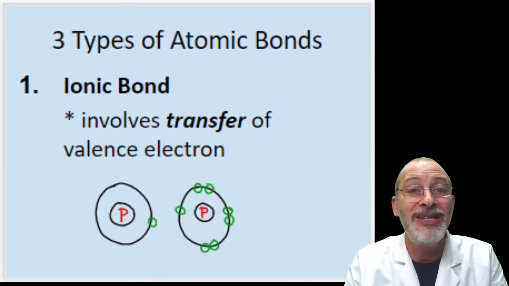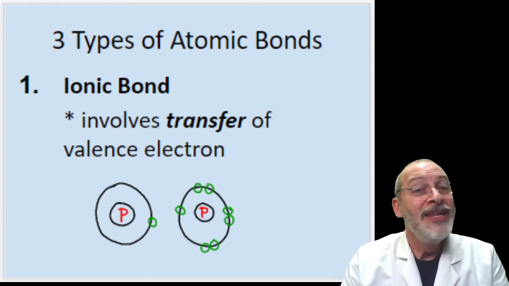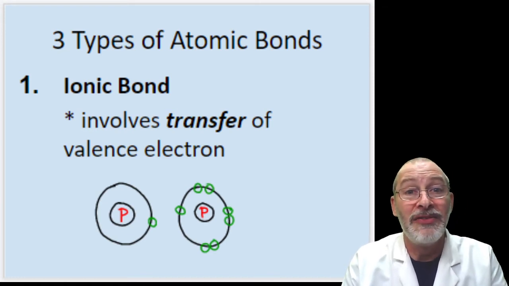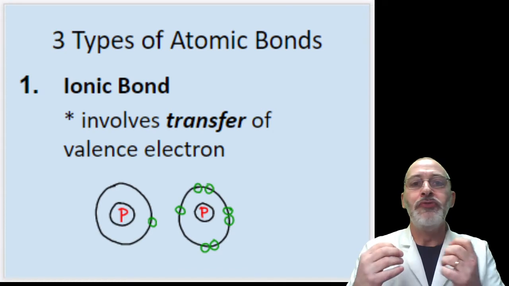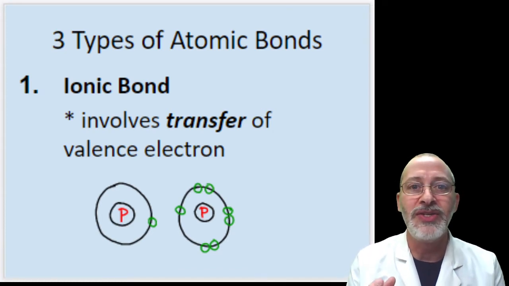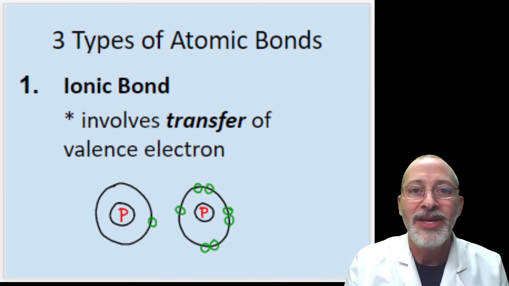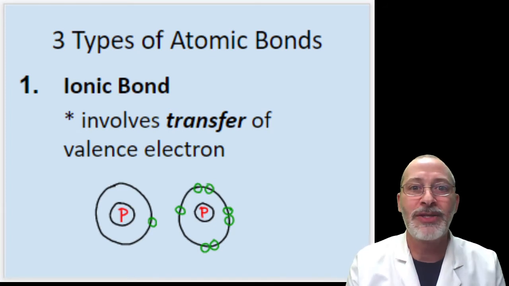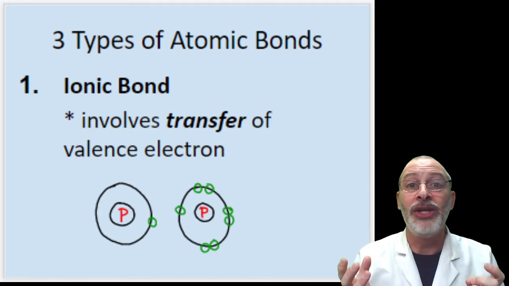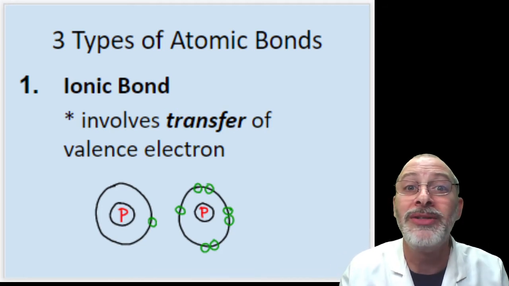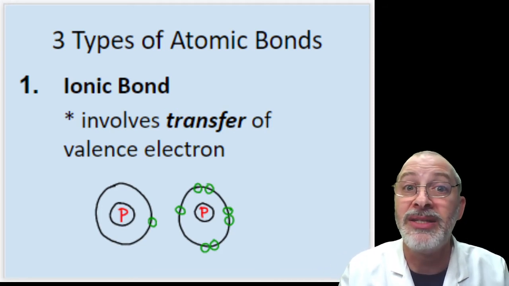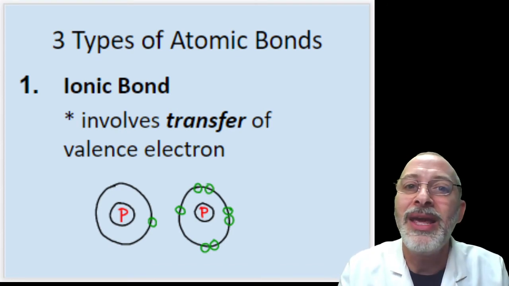Because in the second and the third energy levels, there's a seating capacity of 8. But the real gist of it is that the seating capacity is 8. If you can achieve that maximum seating capacity, then you, as an atom, are going to be happy, content, or stable.